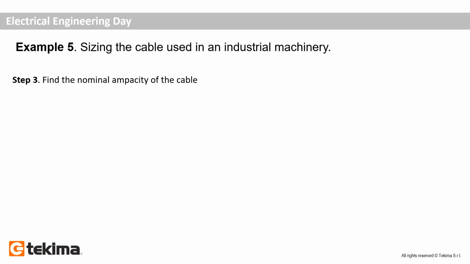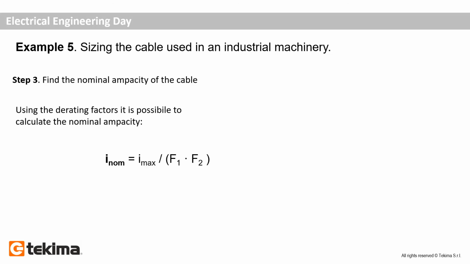Find the nominal ampacity of the cable. To understand the nominal ampacity of the cable, we have to divide the working ampacity of the cable by the derating factors. So we have 20 amperes divided by 0.91 and divided by 0.80, which gives 27.5 amperes.